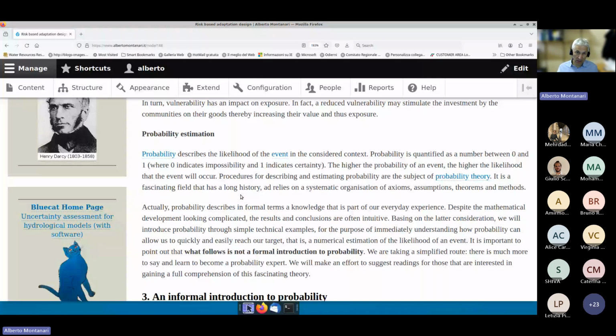You may ask me, what are other methods? You may have heard of fuzzy logic, machine learning. These are other methods. If you want to make a prediction, you can forget probability theory and use machine learning. Machine learning gives you a prediction and a measure of uncertainty.